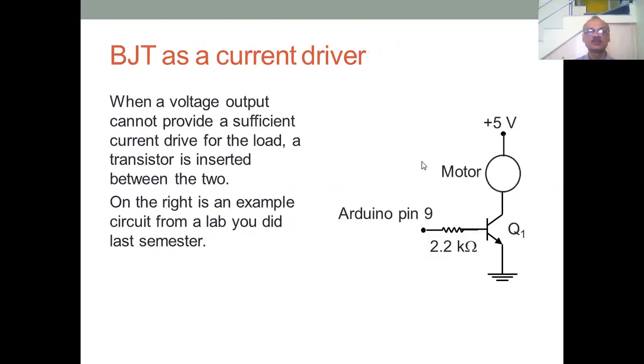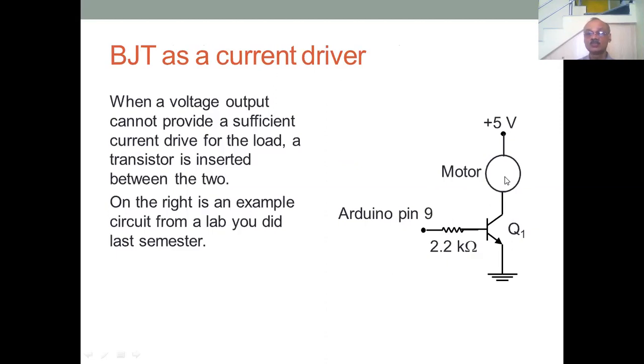So here is an example of what you did last semester. There was an experiment of an Arduino where you were using the Arduino to drive a DC motor. I'm not sure if you remember, but you had connected to the output pin of the Arduino, basically a bipolar transistor. And the collector of the bipolar transistor was connected to the motor.